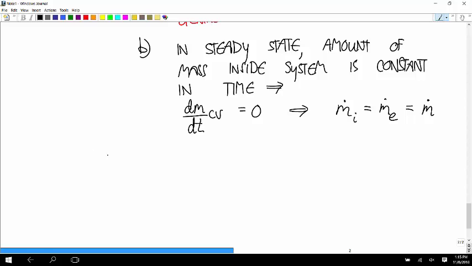And then besides the mass flow rate balance, we've also looked at the first law.